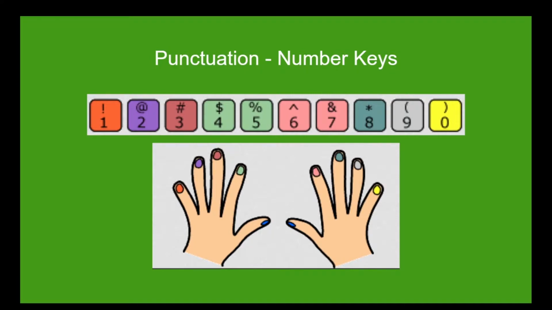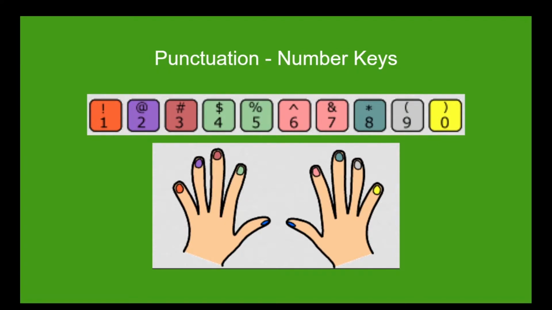On top of number 6, this is the caret key, and it's not the type of carrot, the orange type that we eat, but it's a symbol used in mathematics. So this symbol isn't usually typed in sentences.